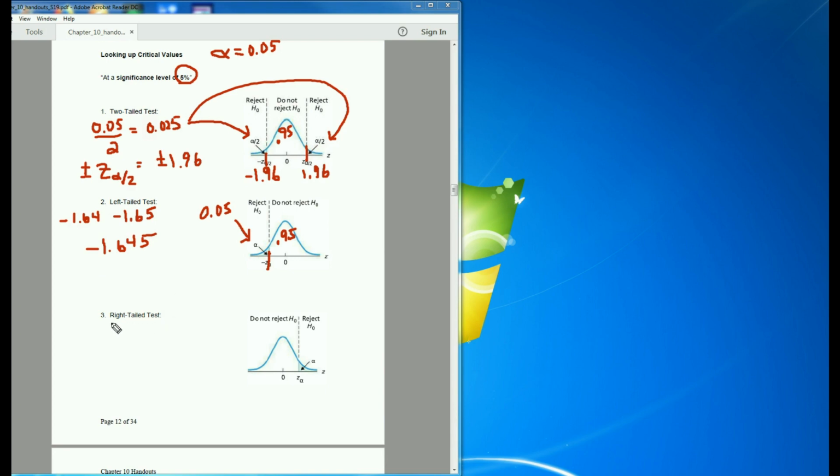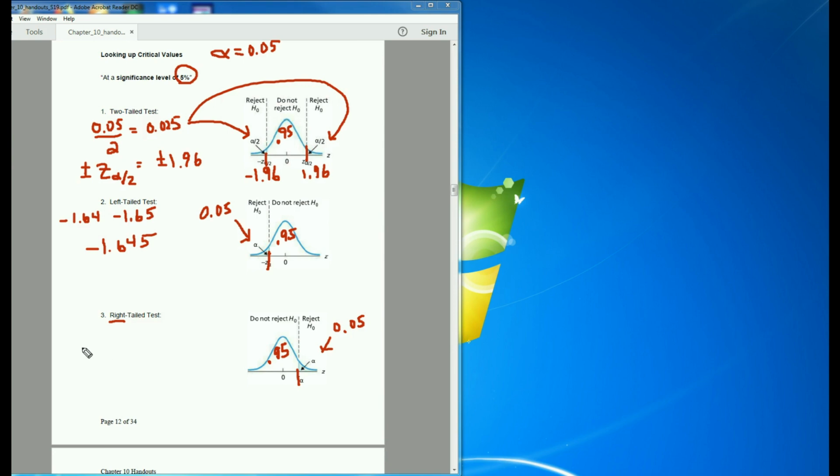And then if we move down to the right-tailed test, well, this is almost exactly the same case, except this time the 5% area is on the right. And we want the z-score that has 0.95 area to its left. And of course, it's just going to be the positive symmetric partner of this one.